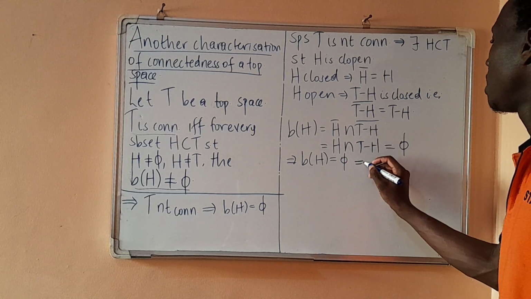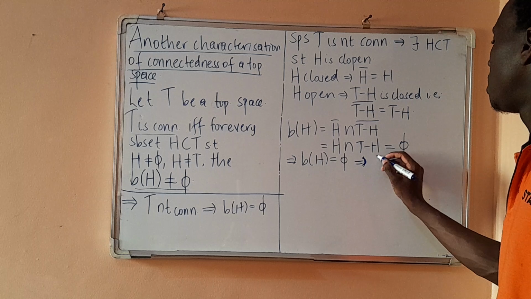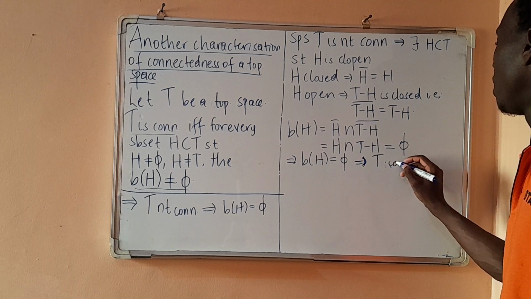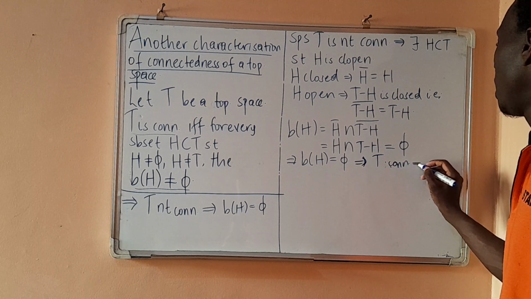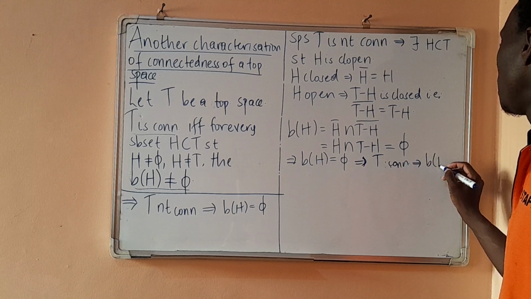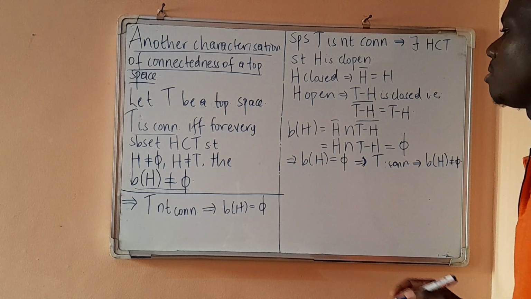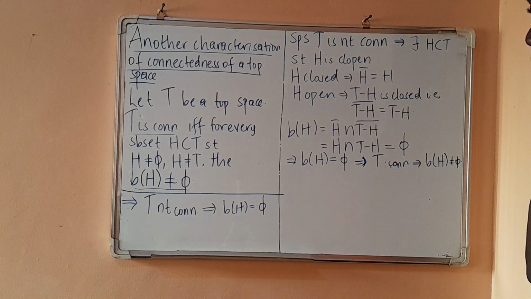So this implies that T connected should imply that boundary of H is non-empty via contrapositive argument. So that is the forward direction.